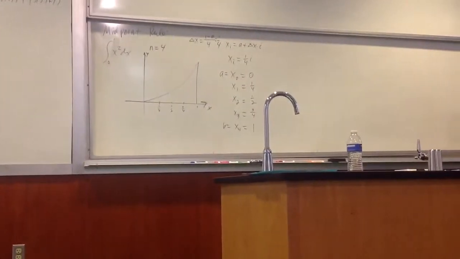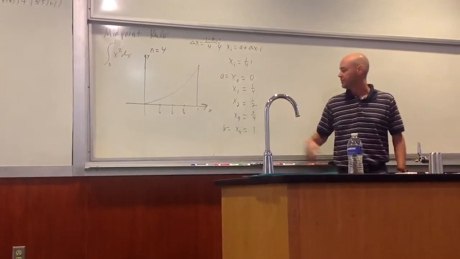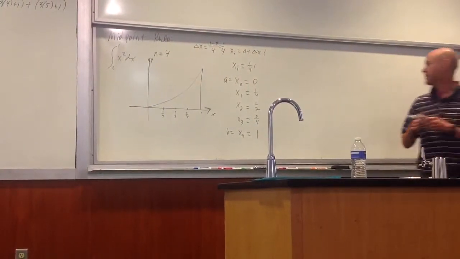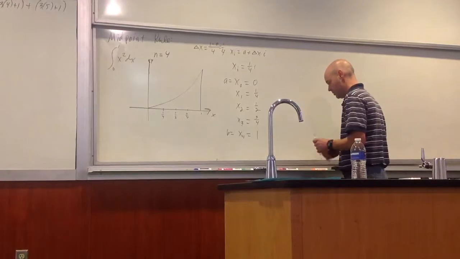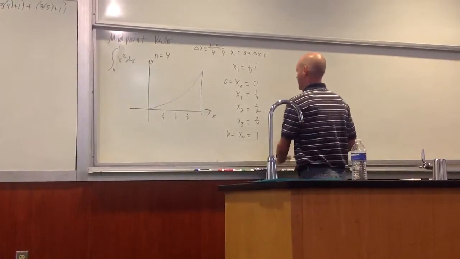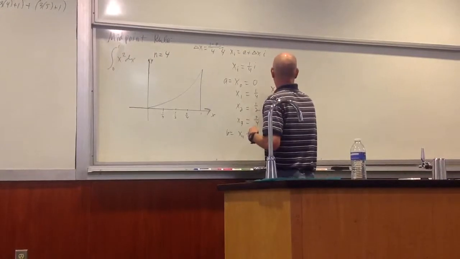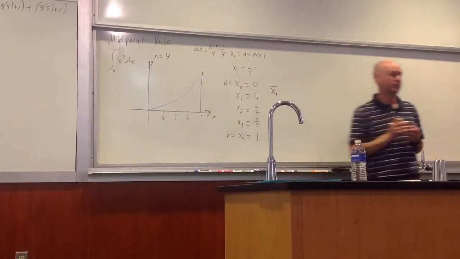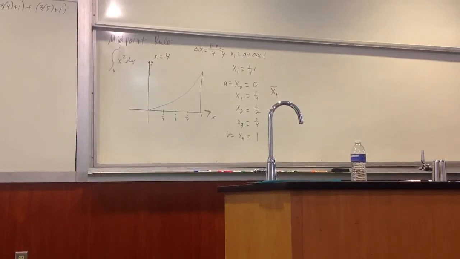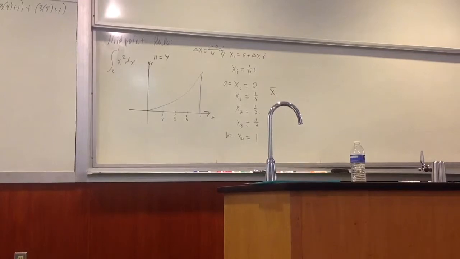So what we're going to do instead of using our node points is we're going to use the midway points, or the midpoints. Let's use colors. X of 1 bar is going to be the average between 0 and 1/4.